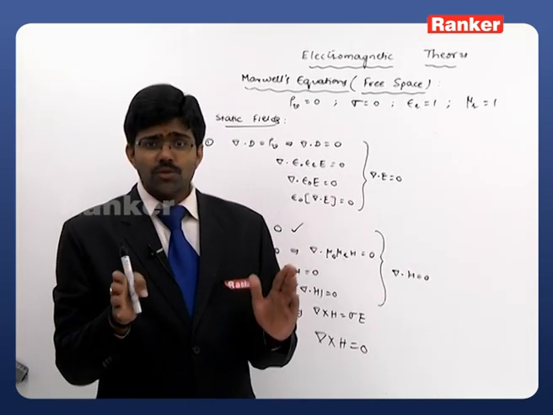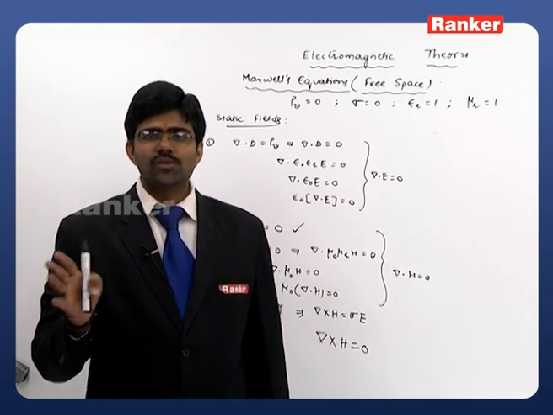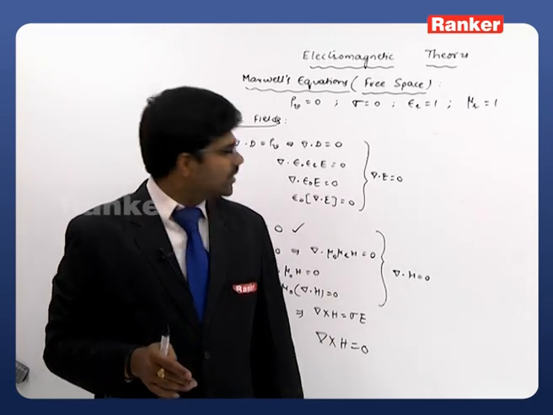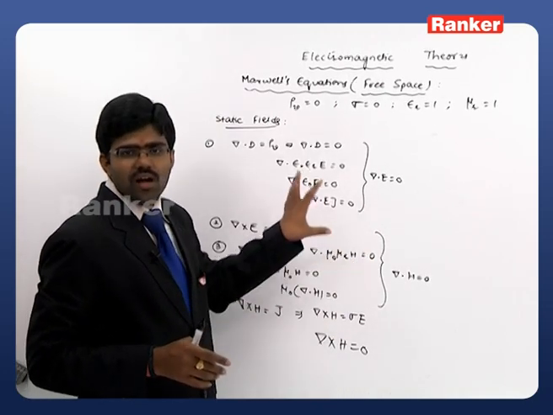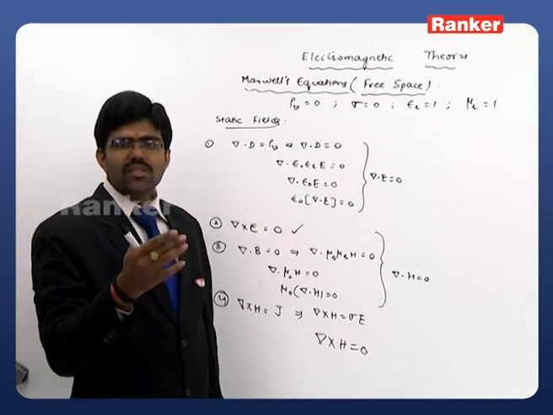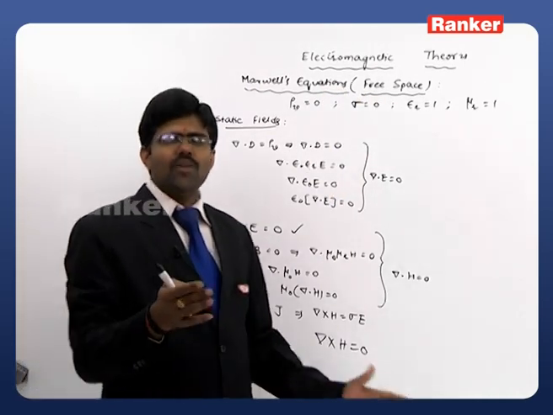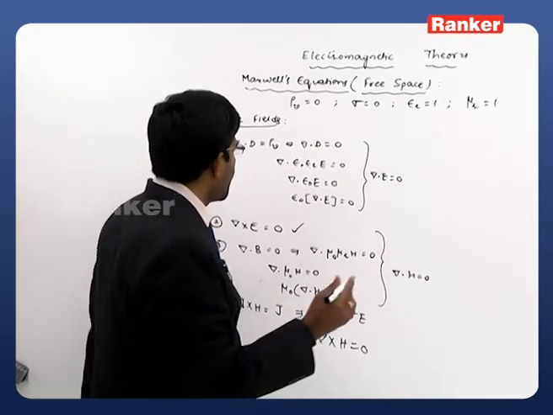Del cross E is equal to 0, del cross H is equal to 0, so H is irrotational, E is also irrotational. So these four are the conditions we are supposed to remember whenever you are asked to write down the equations for free space. Now we will discuss them for time varying fields. For free space, how will the time varying equations be modified?